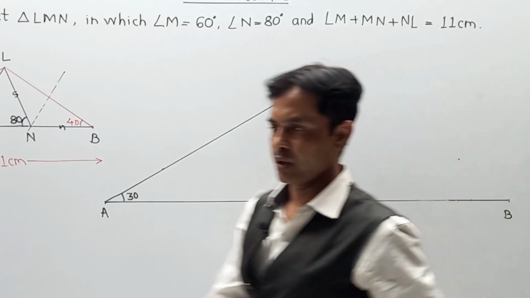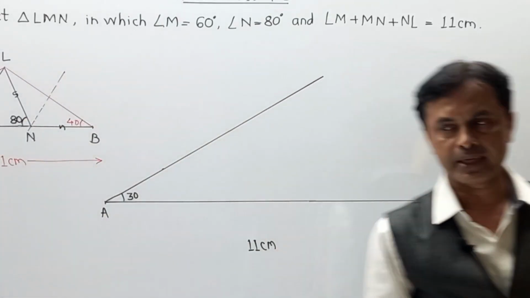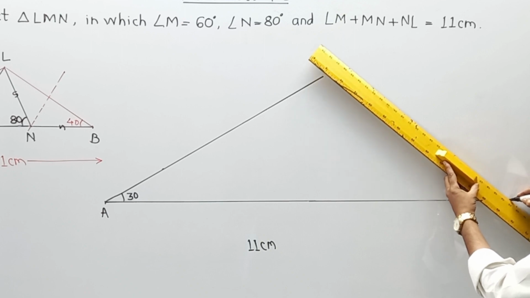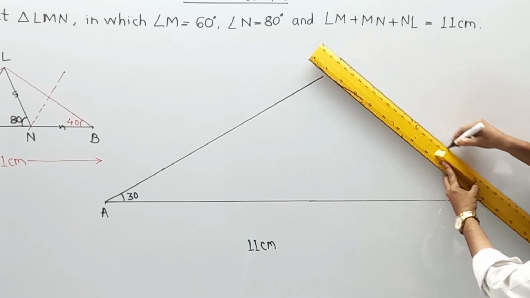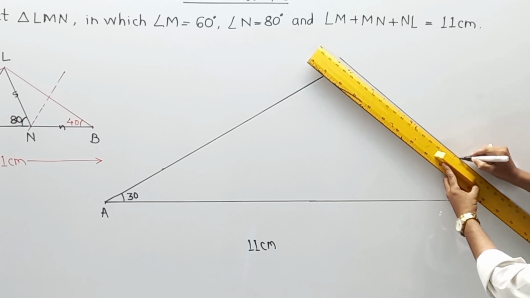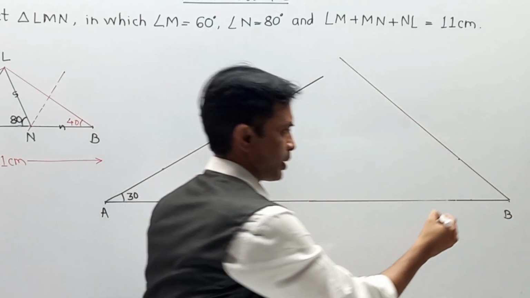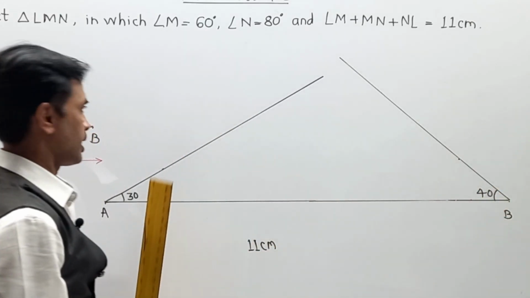And again I am going to draw one line over here with the angle of 40 degree. So we are able to get another line in terms of angle B as 40 degree.